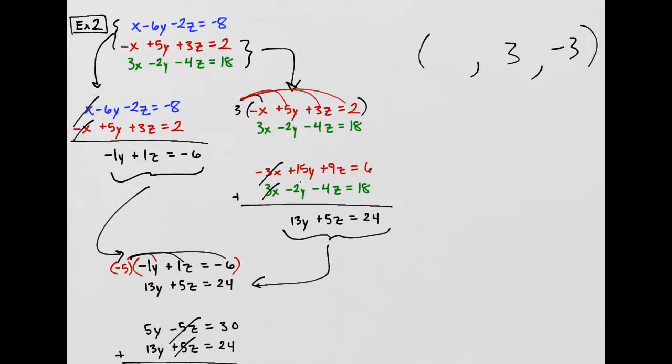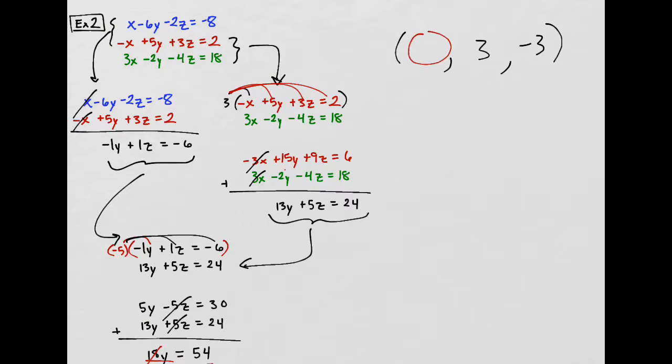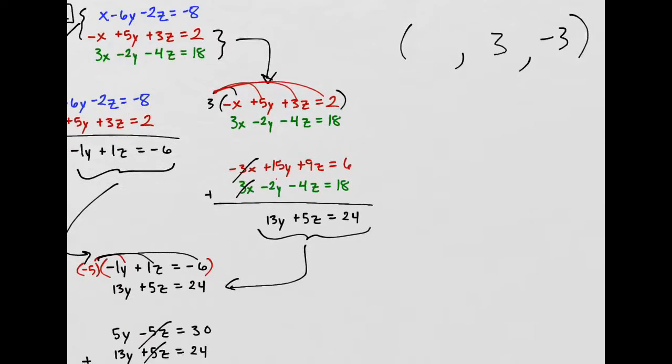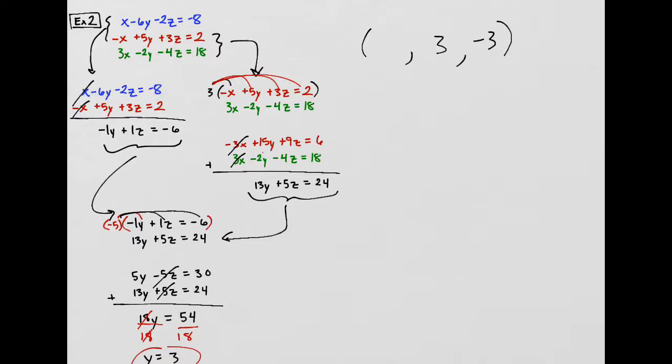Actually, you know what? I know that I'm solving for x, and I just don't want to divide by a negative. For whatever reason, this would be a -1. I don't want to deal with that, so I'm going to choose the blue, because all I have to do is just get everything else to the other side. So I'm going to use the blue equation. So I have x minus 6 times y.